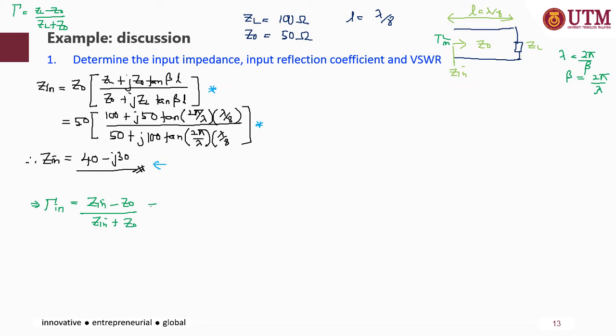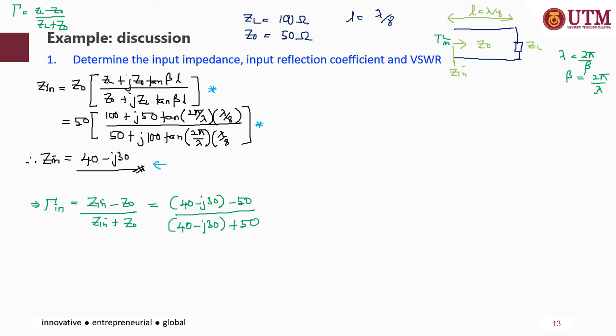So in this case, Zin is from your calculated value earlier. So it is 40 minus j30 minus your Z0, which is 50, divided by 40 minus j30 plus 50.